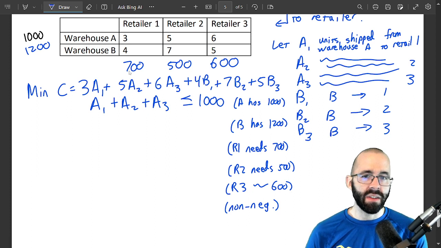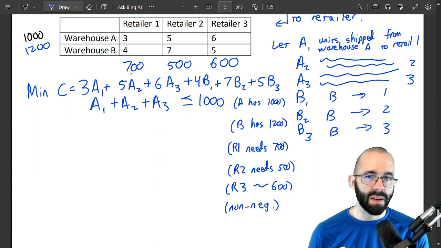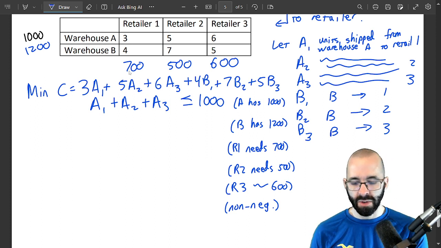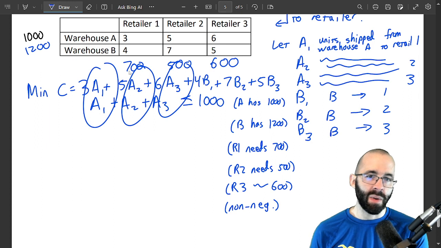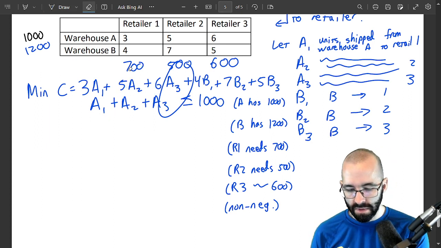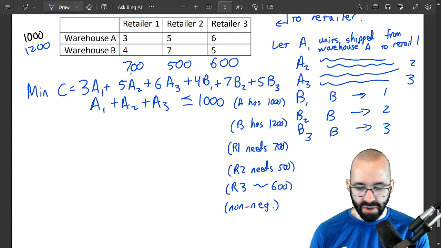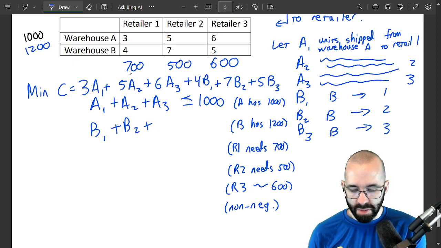Usually we line up all of our variables when we write these equations, but to save space, I'm not going to line them up. Right now A's are lined up mostly, but when I started, I didn't leave space for the B's. That's okay. All right, warehouse B only has 1,200. That's going to look very similar. B1 plus B2 plus B3.